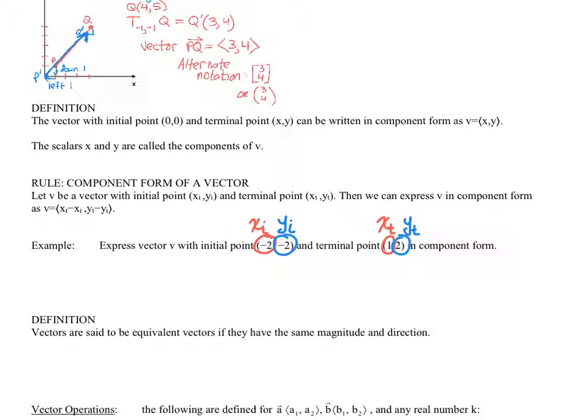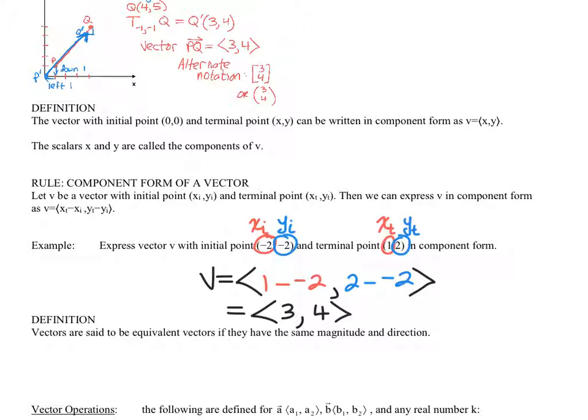Then vector v is going to be equal to the differences. So 1 minus negative 2, and then 2 minus also negative 2. So 3, 4. All right.